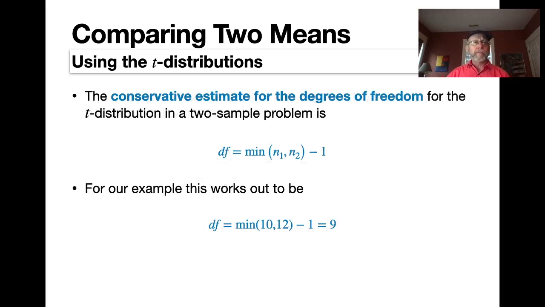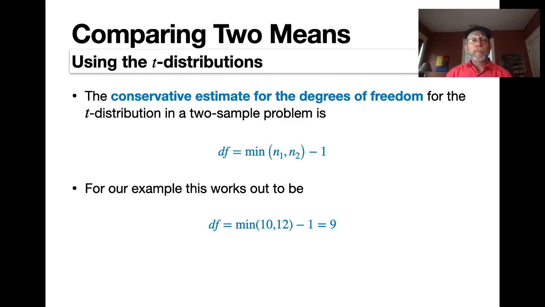So that's one aspect of the meaning of conservative here. Another aspect of it is that the p-values and the critical values and so on that arise from this conservative estimate all err on the side of safety.